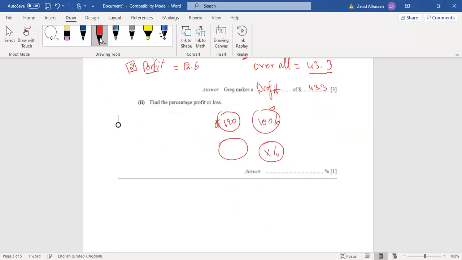How much is that profit? We said 43.3. Let's cross multiply. So 100 times 43.3 divided by 120, that's 36.1. So X equals 36.1. That's the percentage of profit.